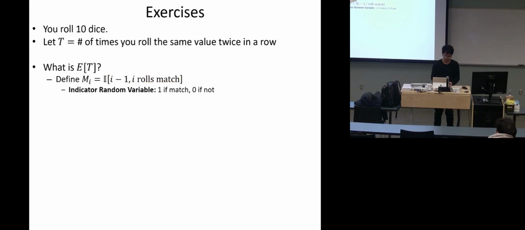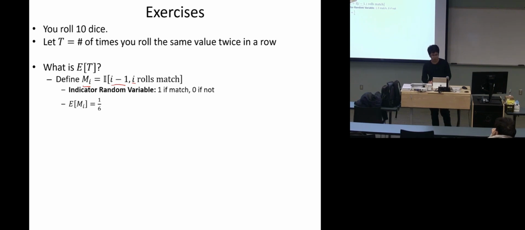Mi is 1 if the (i minus 1)th and ith roll match. So can you tell me what the expectation of Mi is? Yeah. 1/6. Yeah. Thanks.